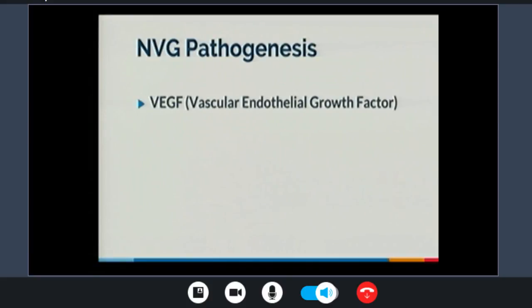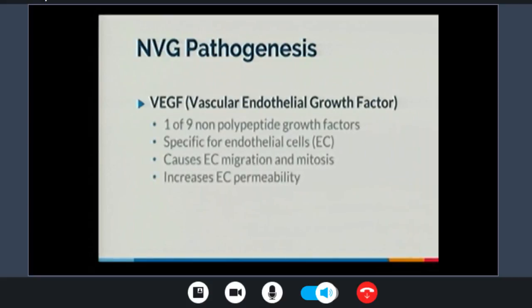In the ischemic retina, these angiogenic substances are produced at a pathological level. After 50 years of research, they found that this molecule is vascular endothelial growth factor, or growth factors.